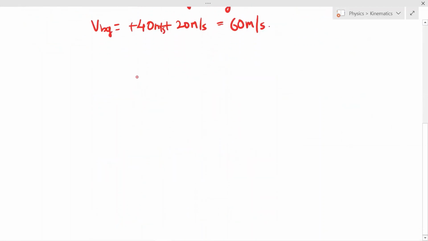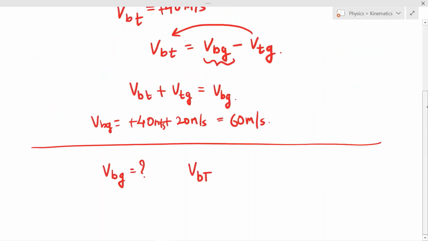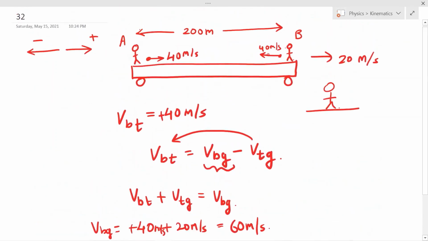So now the velocity of the ball with respect to ground is to be found out, and the velocity of the ball with respect to the trolley. Now this velocity of 40 meter per second is with respect to the trolley. So this person has thrown this ball with the velocity 40 meter per second with respect to the trolley.